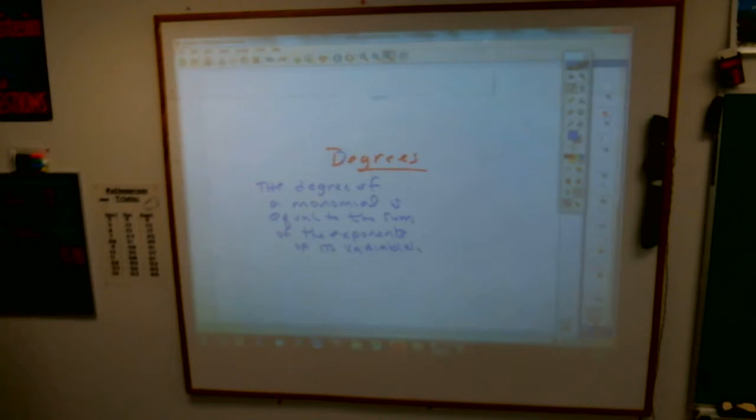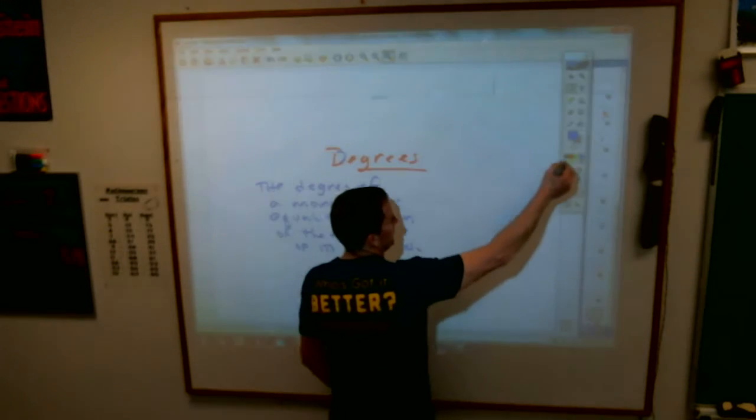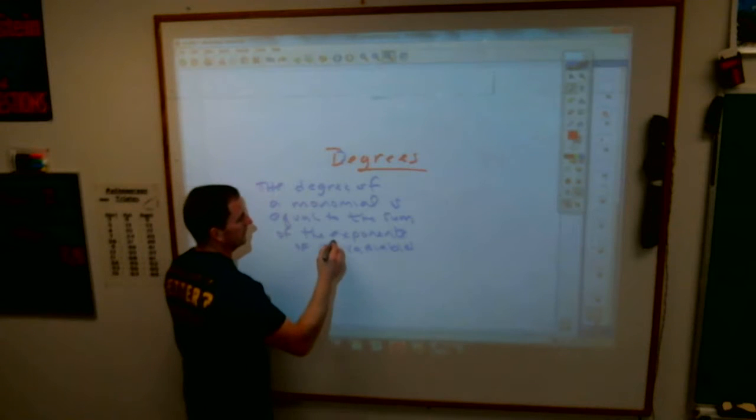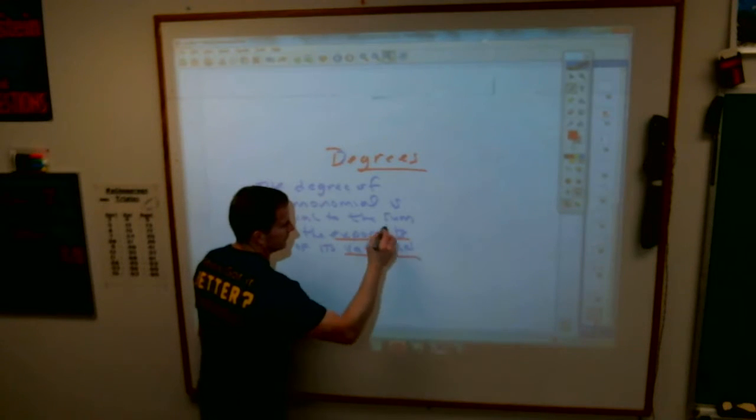Just write that down before we talk about it. Emphasizing this, the degree of a monomial is equal to the sum of the exponents of its variables.